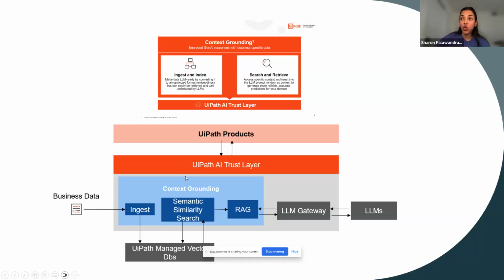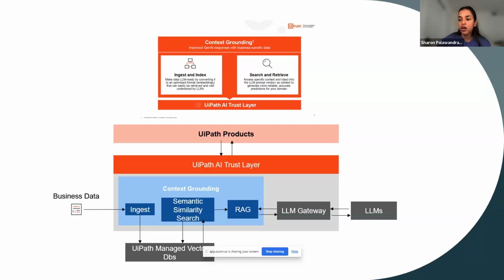Now, within UiPath, there are some capabilities of context grounding. You can ingest, which we talked about. Semantic similarity search finds similarities within language. By language, I mean how we talk and the context of the verbiage of something.